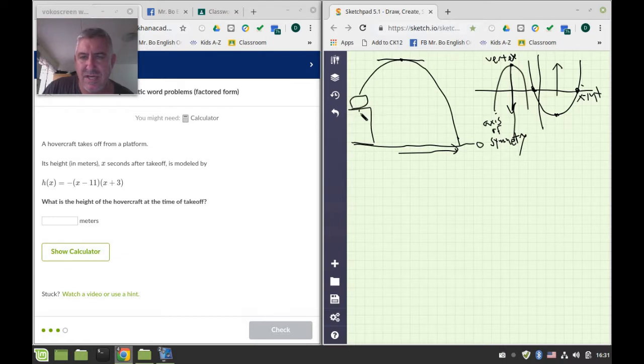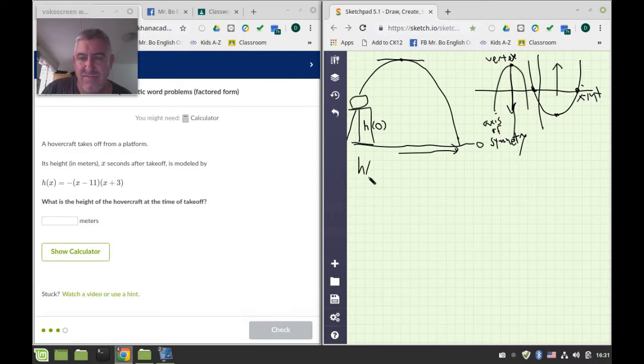So this is h of 0. At 0 time, what is the height? If we continue our parabola down here, it goes into negative 1 time, but we're not interested in that. So we're going to find h of 0.